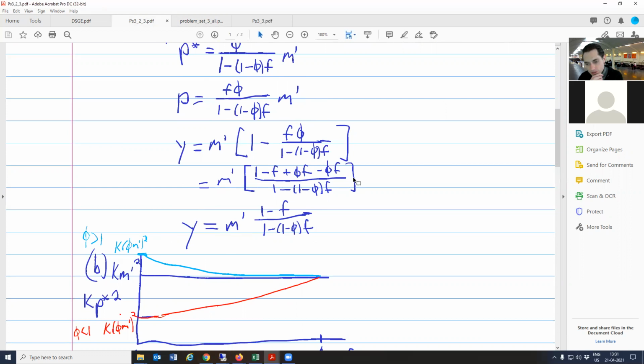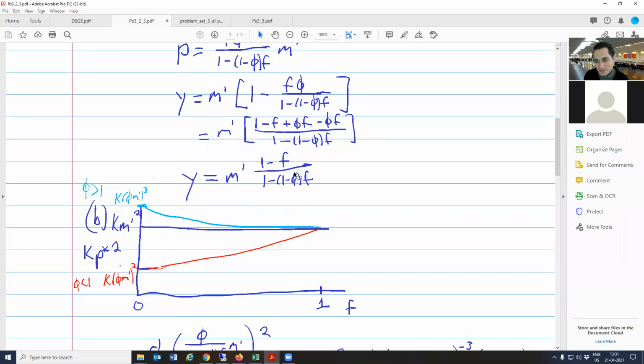We can think about this relationship a little bit. f is some number between 0 and 1, so the numerator is positive. The denominator has 1 minus f, and then here we've got this 1 minus phi. And phi is a number greater than 0, but it could be either greater than or less than 1. You can see this is going to be important. I'll just leave it there.